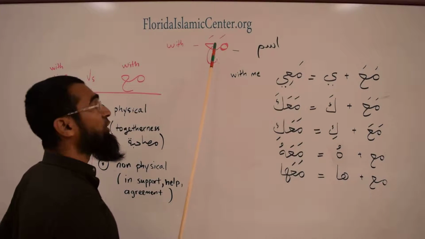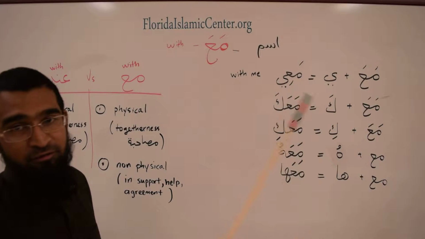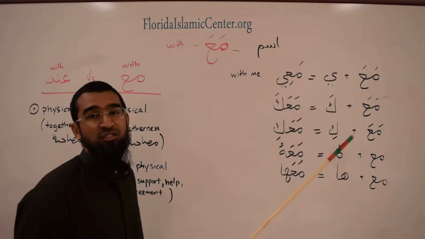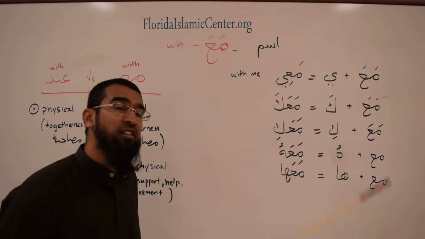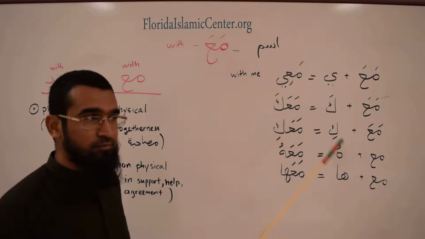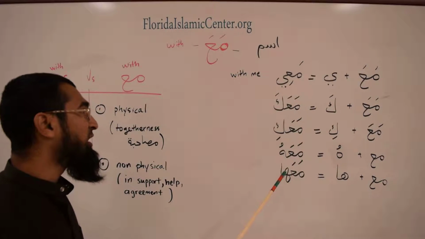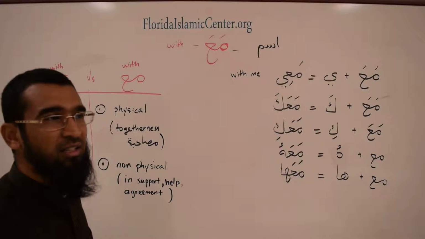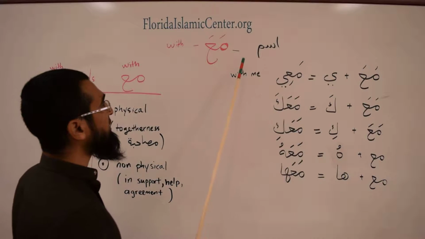Now, you will hear others say that it's a harf, because scholars of the language do differ in terms of whether ma'a is an ism or a harf. However, based on whatever I've read and my little research, it's closer to an ism.